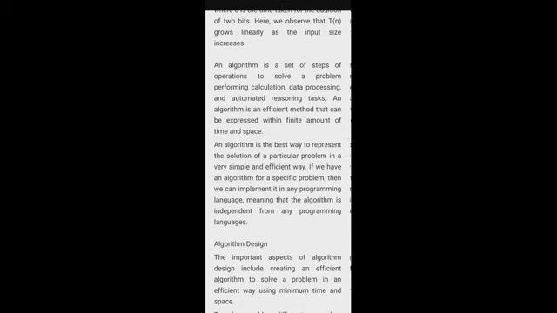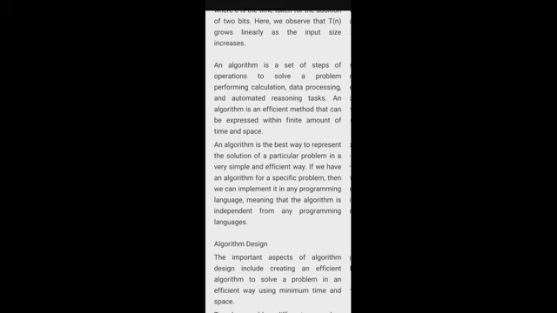An algorithm is the best way to represent the solution of a problem in a very simple and efficient way. If we have an algorithm for a specific problem, then we can implement it in any programming language. Just like we said earlier when we were discussing in our first class, your algorithm is not dependent on any programming language.